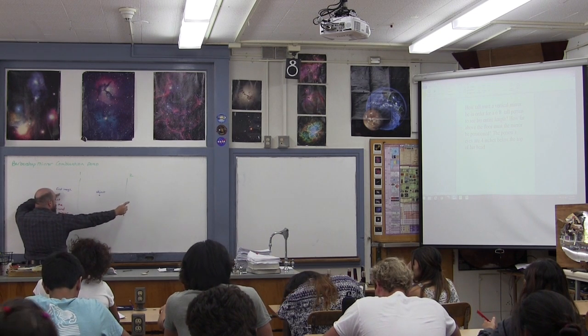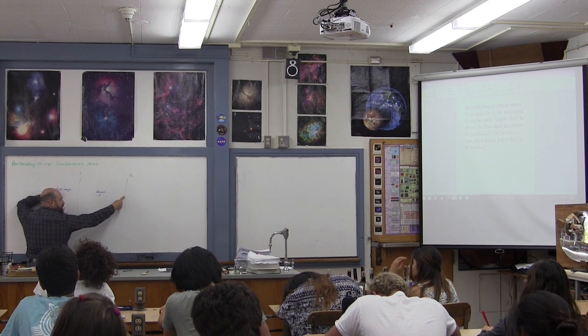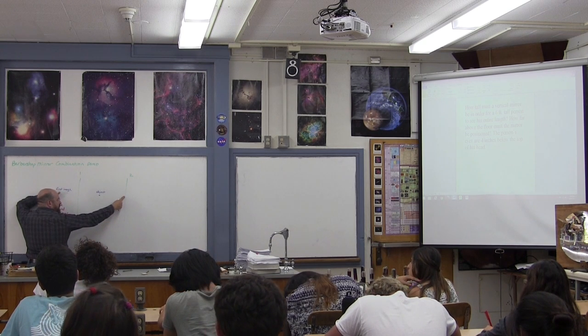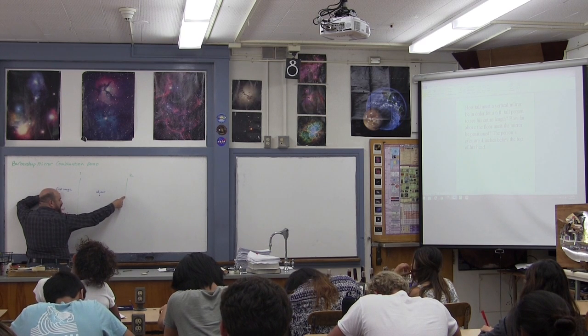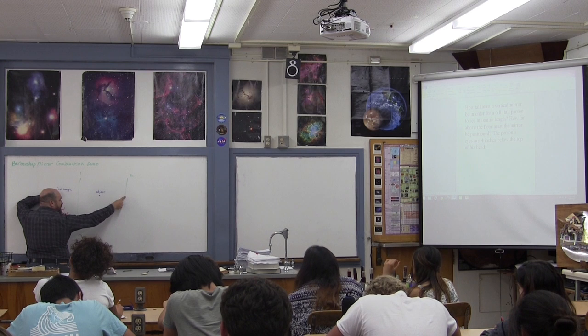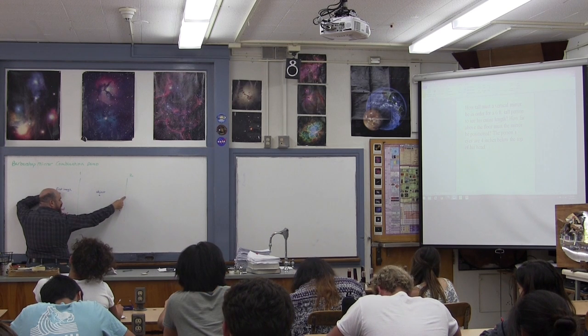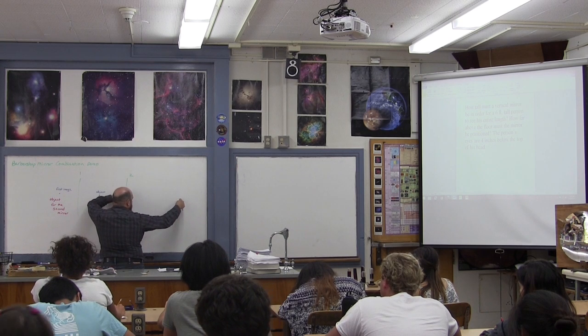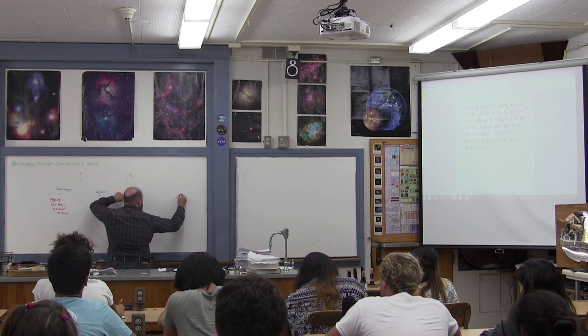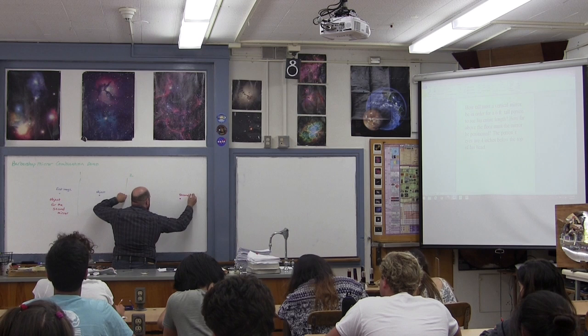Right here is now an object distance. Where does the image of this form in this mirror? The same distance behind this mirror as the spacing here of my fingers. So the image of this in this mirror forms back here. This is my second image.